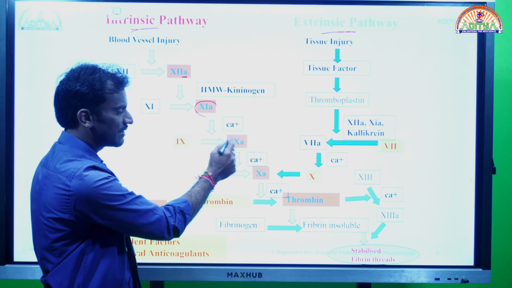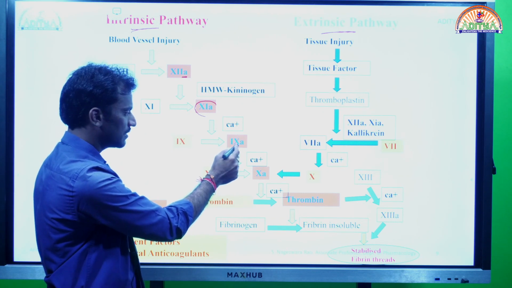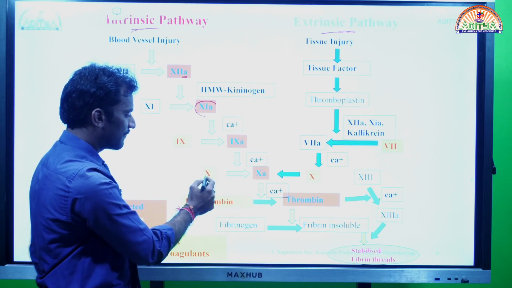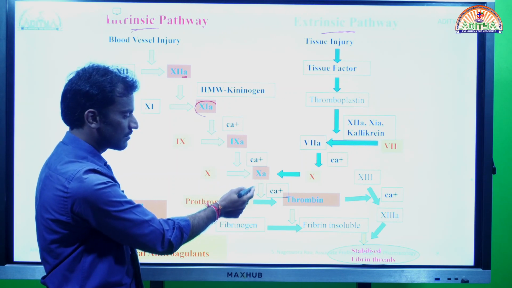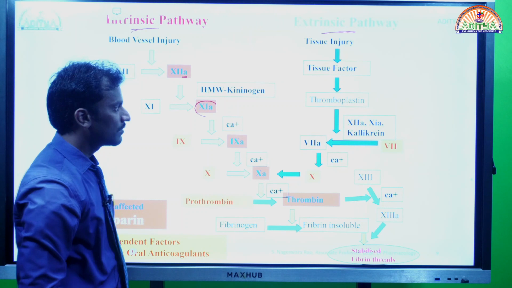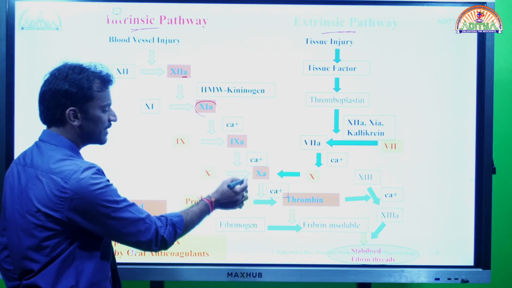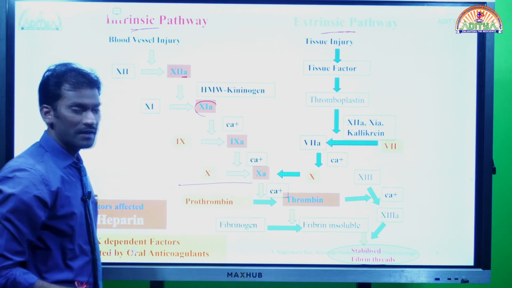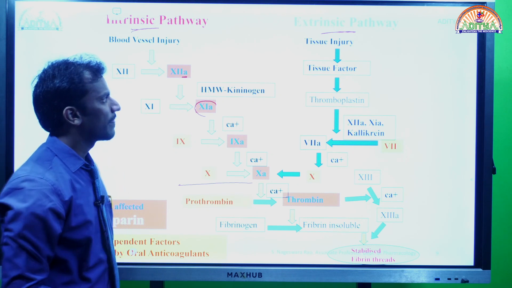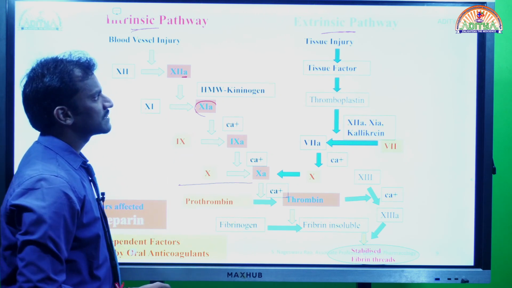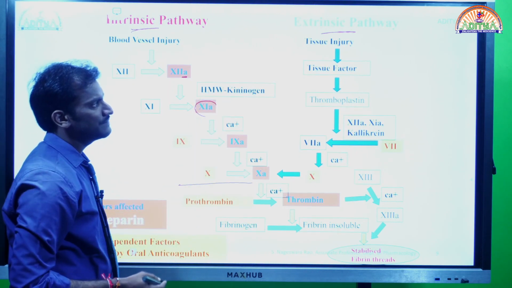Next, again, it acts as a coenzyme, so that factor 10 will be converted into factor 10A. Okay. Up to here, this is the intrinsic pathway. Let's go for the extrinsic pathway.